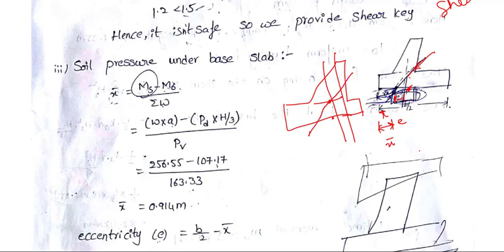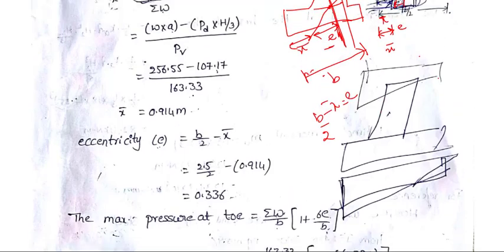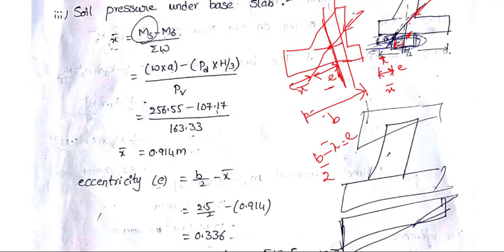That pressure here is your soil pressure. This is your centroidal position, and the eccentricity e is from here to here, x bar. So we need to find out the e distance. If you are able to find x bar, and this one is b, then b by 2 minus x bar, you will get the e value, from the centroidal axis. So now let's calculate x bar.